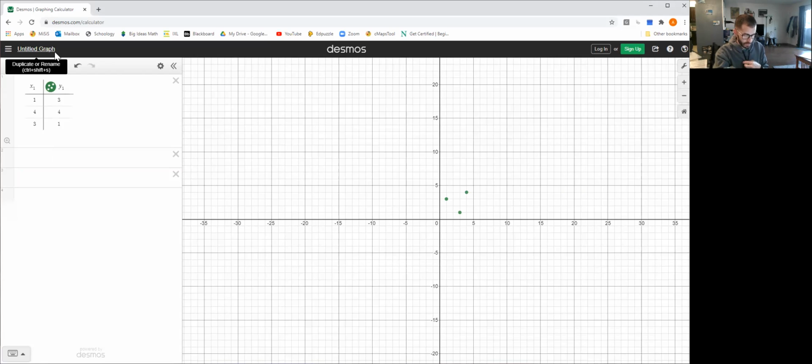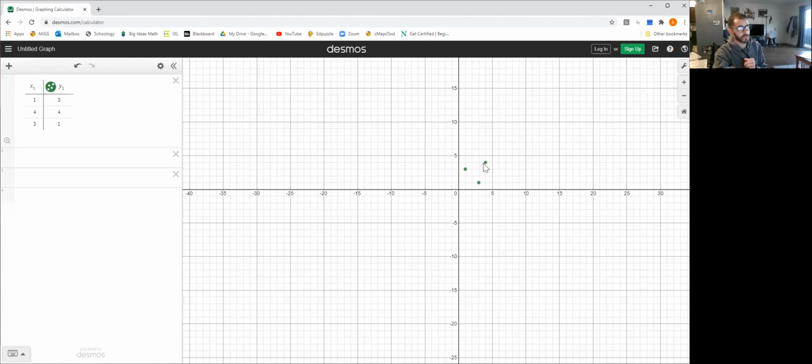So it says the vertices of triangle JKL are J(1, 3), K(4, 4), and L(3, 1). So to get that, kids, if you've never done the table before, can we picture this? This is a triangle. I can't figure out how to connect the dots. And you know what?